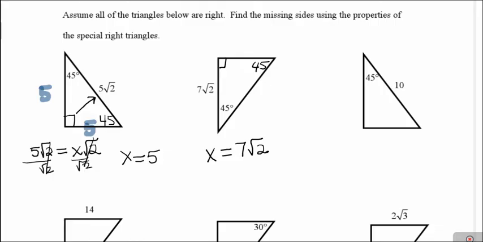So I know that the other side across from the 45 is going to be equal to x, so that's 7 square root 2. But then the side across from the 90, that's equal to x times the square root of 2. So to get x times the square root of 2, we would have to multiply both sides of this equation by the square root of 2.